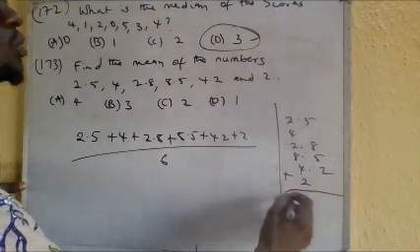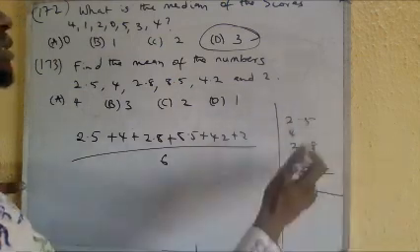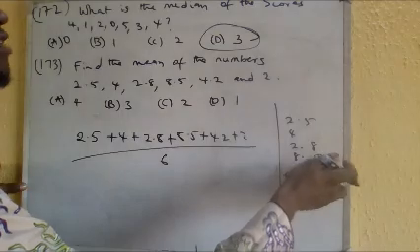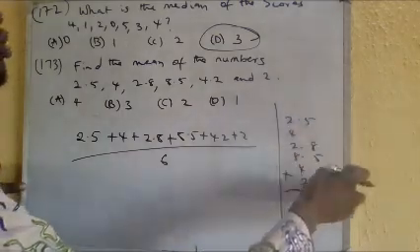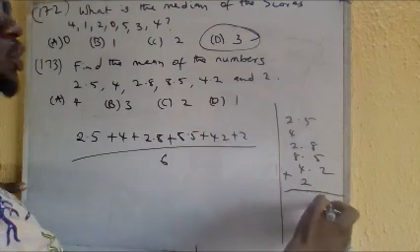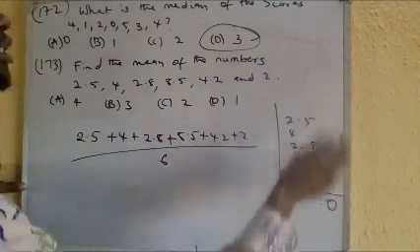All this addition, the decimal part and the whole number part. So 5 plus 5 is 10 and 8 plus 2 is 10. So 10 plus 10 is 20. Then take the 2.